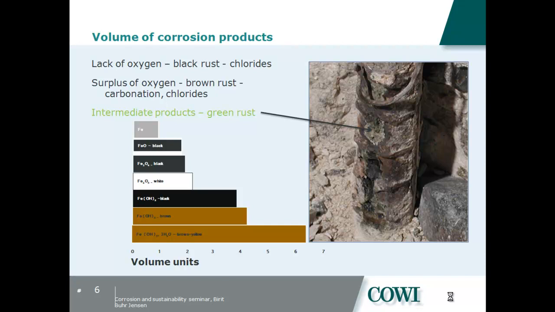If we, however, have chlorides in a high amount, or if we have underwater corrosion, we can have very limited volume expansion of our steel member, and that may not lead to visible signs of corrosion. You can see that it's black, white, black, and brown in color, and some of them are also intermediate stages in green rust, and that's a complex which is formed with chlorides in the concrete that makes it green.